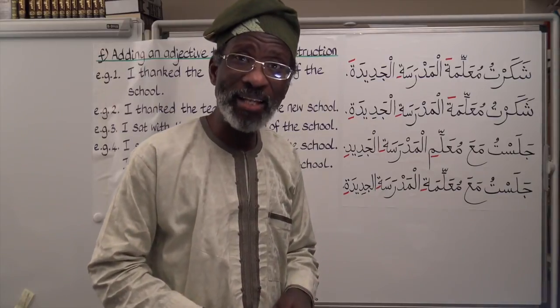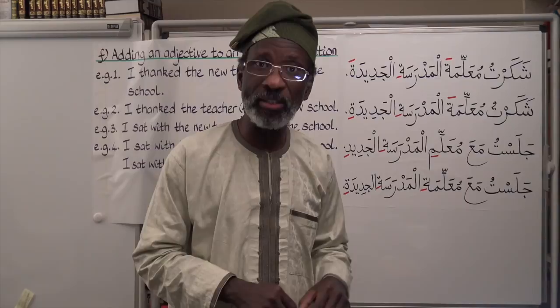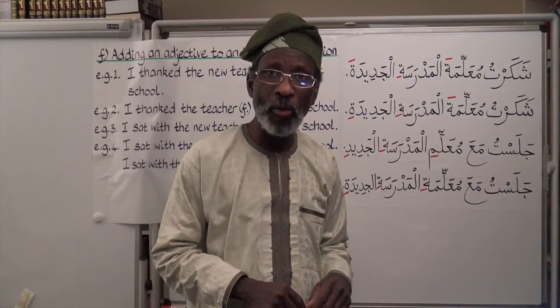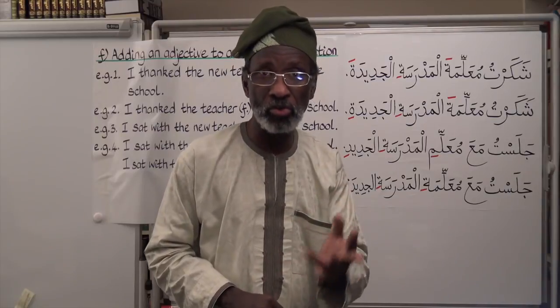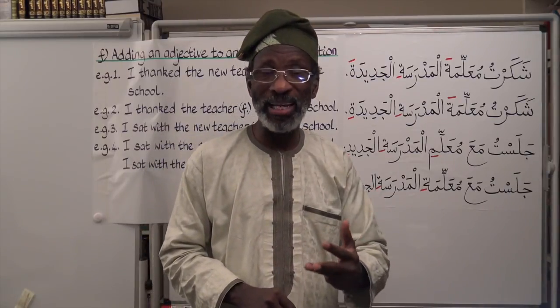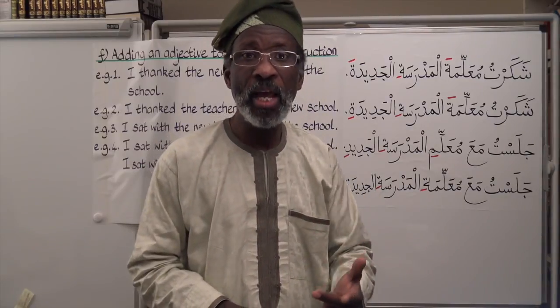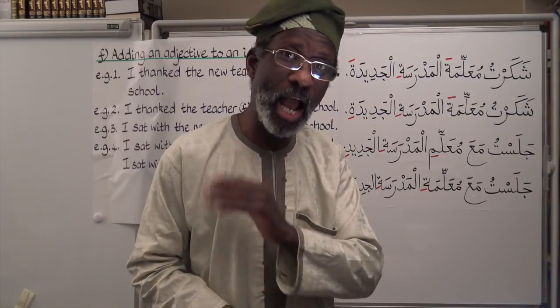We know the adjective always copies the noun that it is modifying. So adjectives must be the same in gender as the noun, the same in whether it's defined or not defined, and it must have the same case ending. So those are our clues.